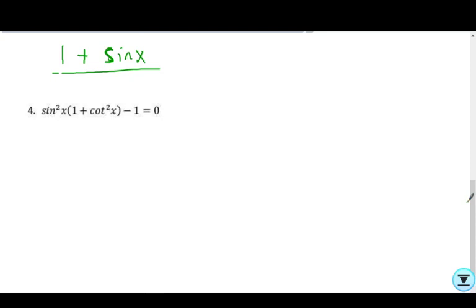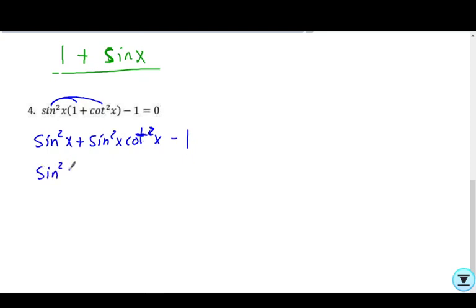All right, number 4. So this one, again, one of the things that I tell my kids to do is, of course, algebra first. So I'm going to distribute here first. So I'm going to get sine squared x plus sine squared x times cotangent squared x minus 1. Okay? And then sine times cotangent.